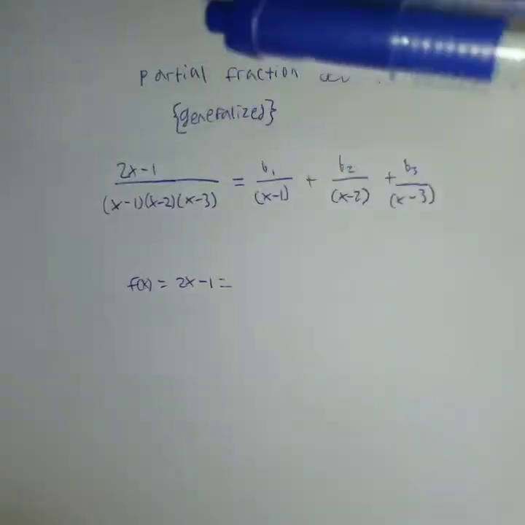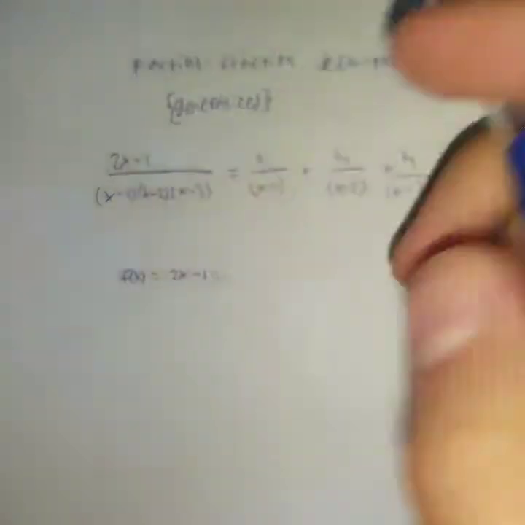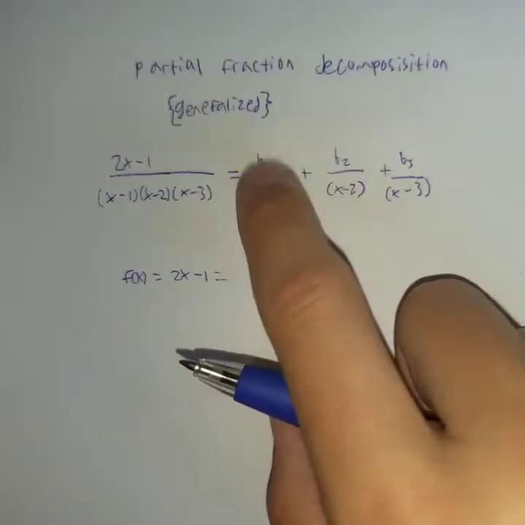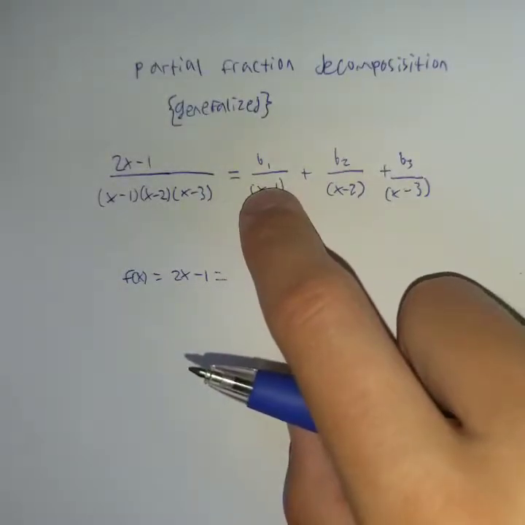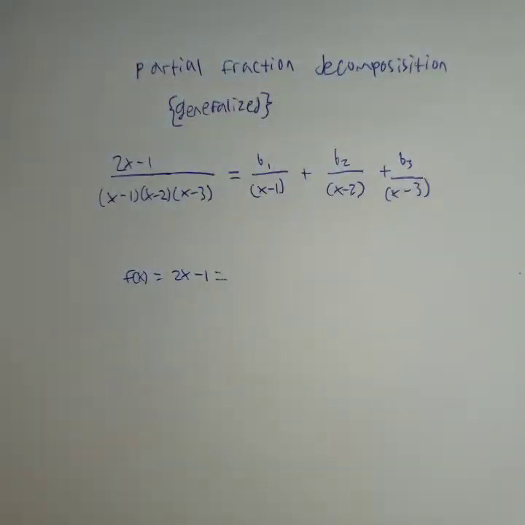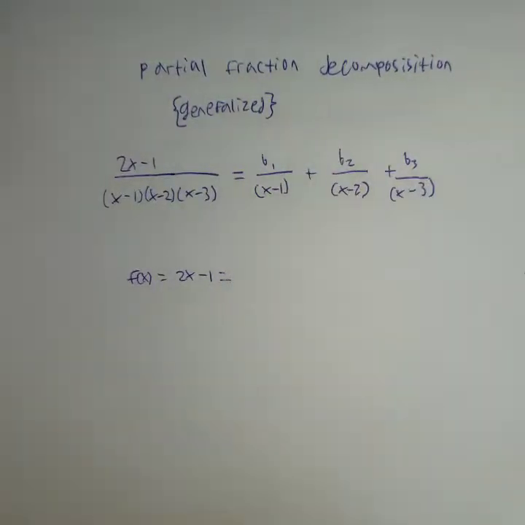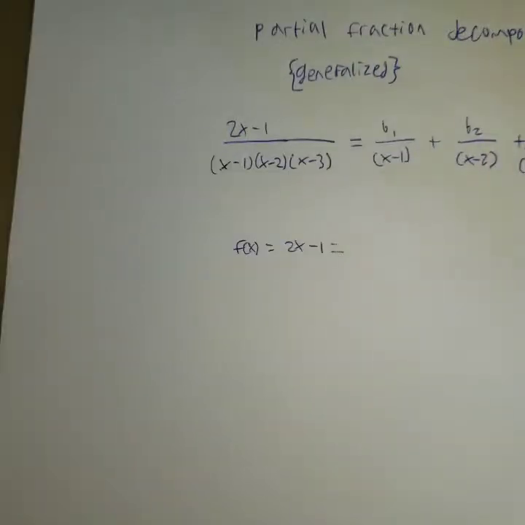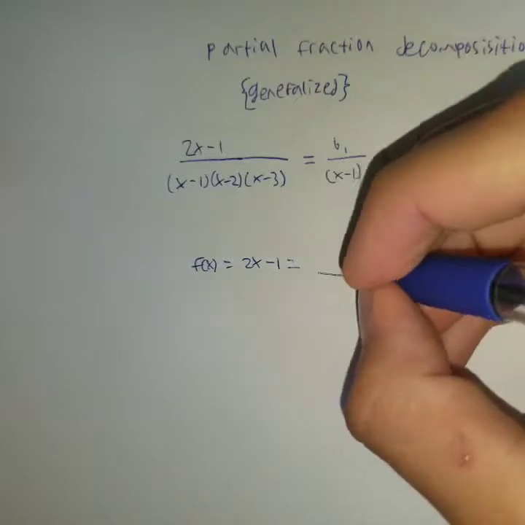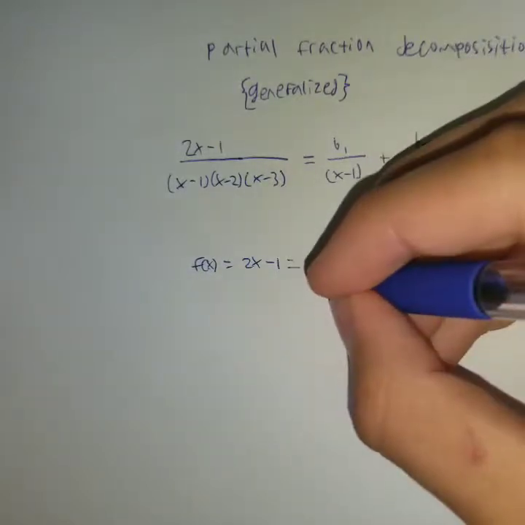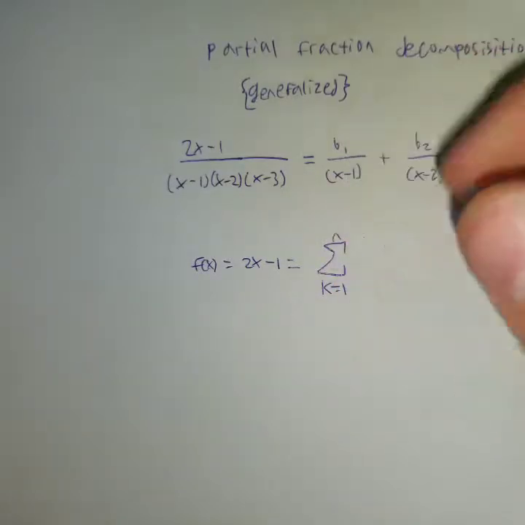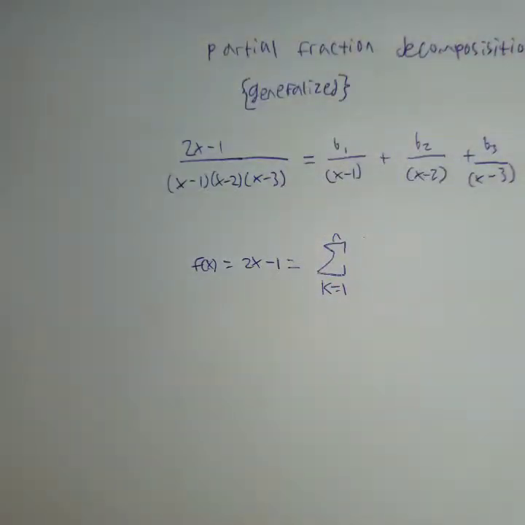This is because if it's something like sine of x, then you can't really write it in terms of real numbers. So the term on the top has to be a polynomial, which can be generalized as a series from k equals 1 to n, as in how many terms are in the polynomial.